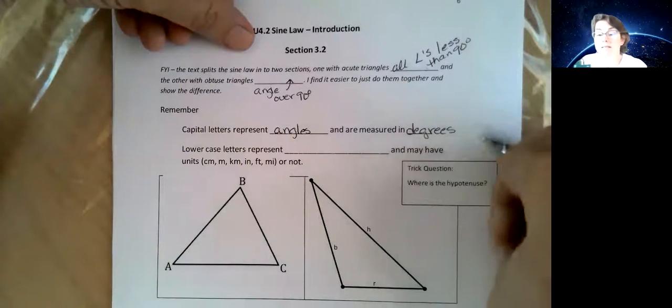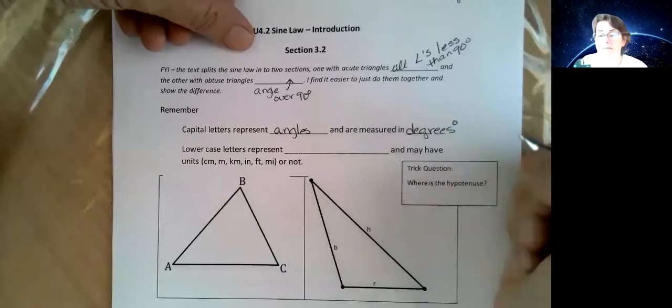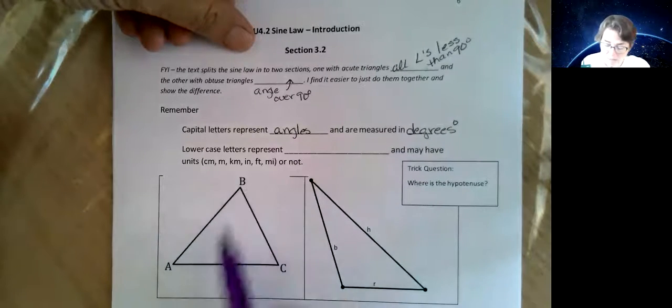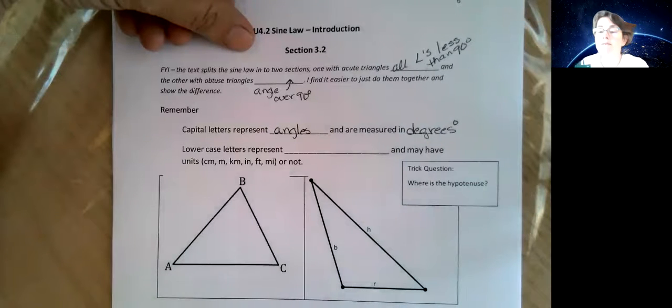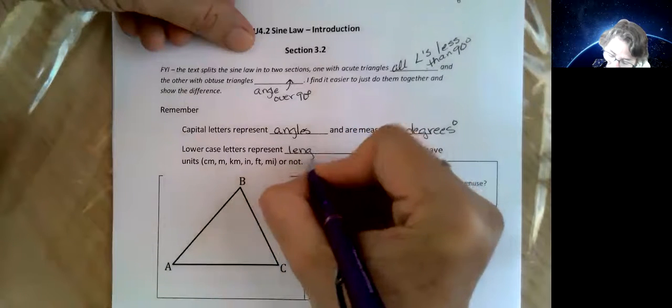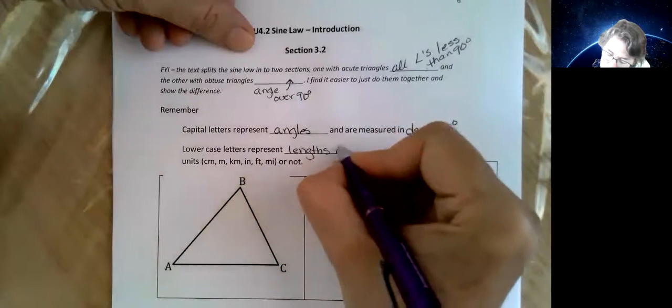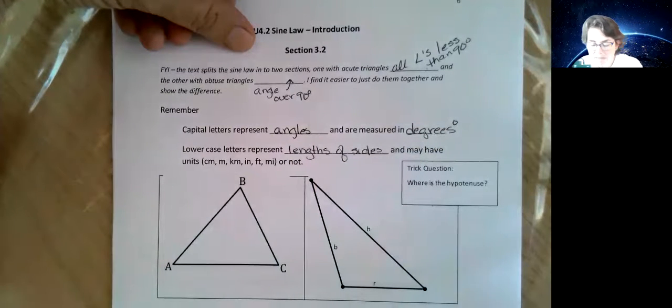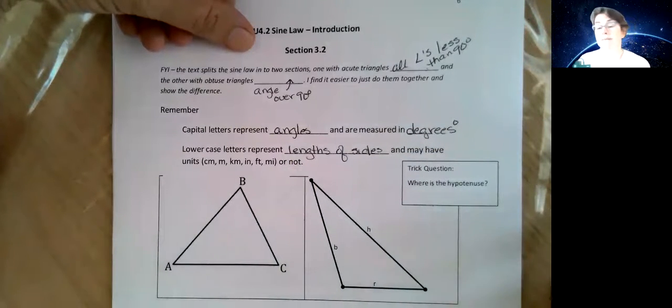Well, if it's got the little degree symbol on it, that's an angle. Can't be a side. So A, B, and C refer to the angles. The lowercase letters represent lengths of sides. And they might have units like centimeters, meters, inches, feet, miles, yards, whatever. Or they might not. Either one is fine.